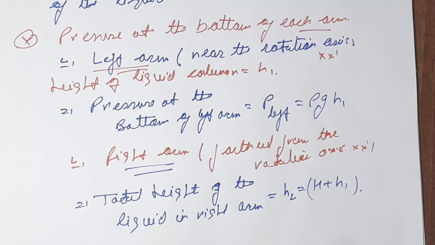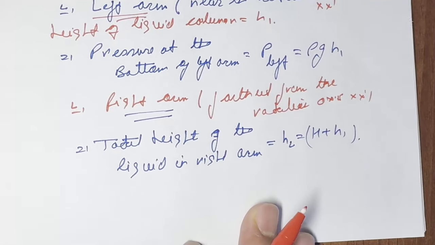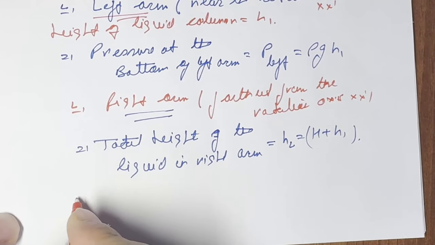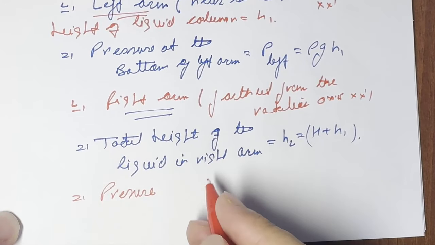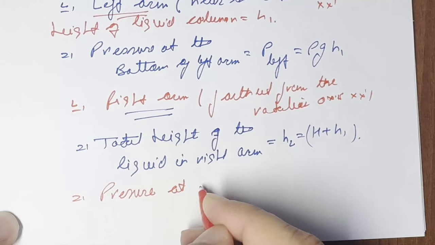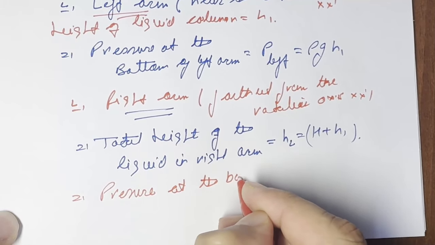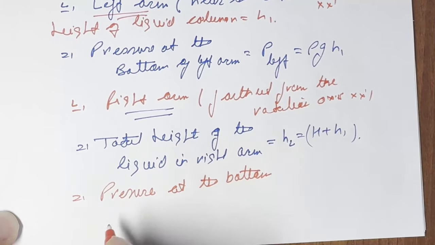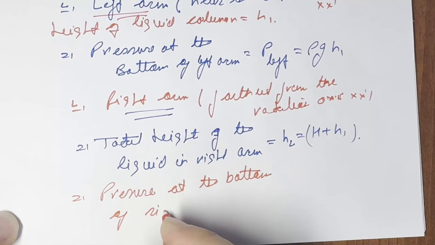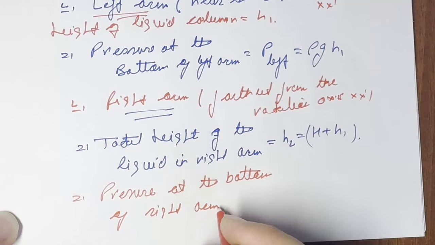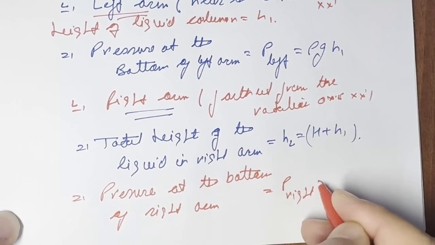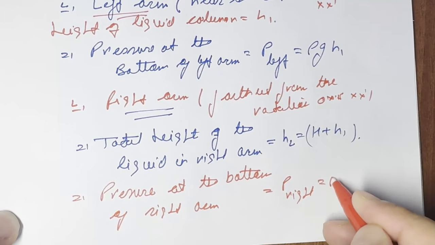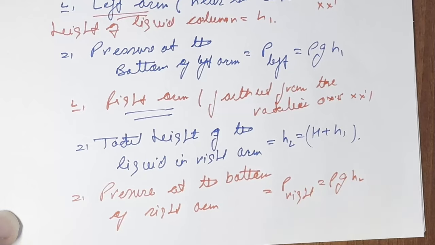Therefore, the pressure at the bottom of the right arm, let us call this P right, will be equal to rho g h2.